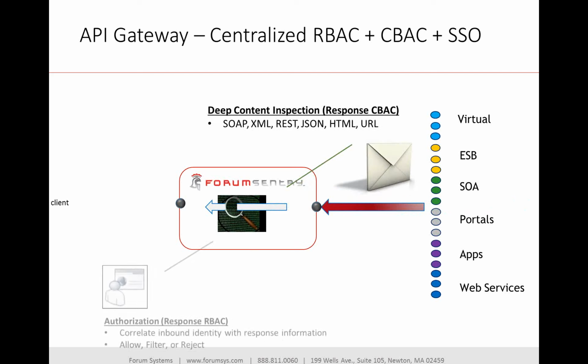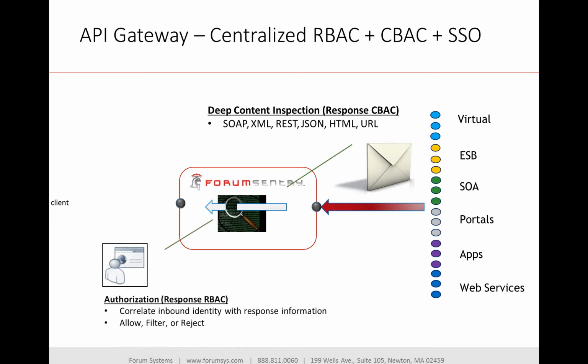And that decision point is also part of the transaction path on the response, as is the authorization. Correlation of that inbound identity with response information to allow, maybe filter information, restrict certain data, obfuscate certain data, or reject it entirely, disallow that response based on the fact that that particular client wasn't authorized to that particular response, even though it may have seemed so on the way in.